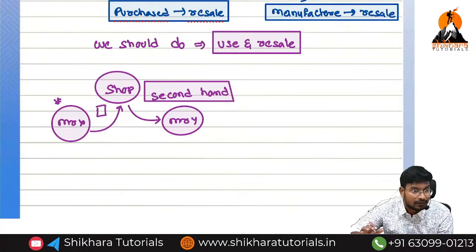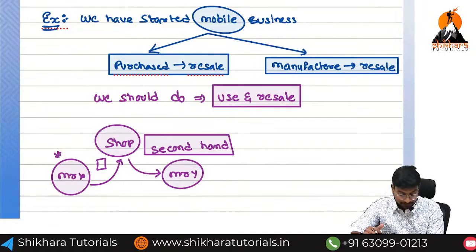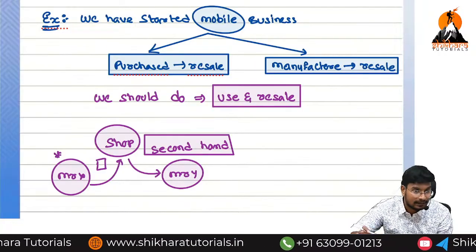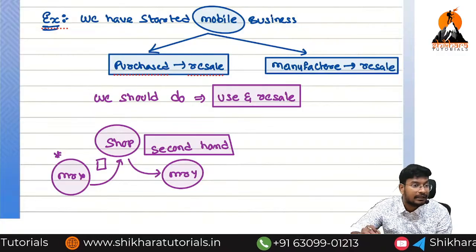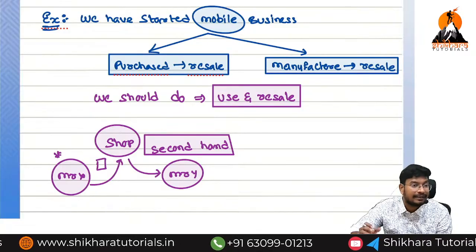So even if it is a good, you have to purchase and resell directly; you should not use it in the middle. If you use that item, it is called an asset.